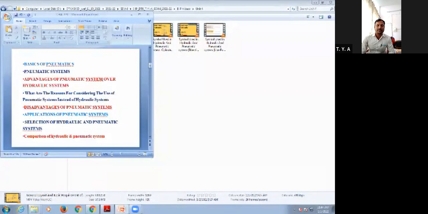Understood or not? Please tell me in the chat box. Are you clear with the pneumatic system elements? All of you please reply in the chat box, say yes, no, something.